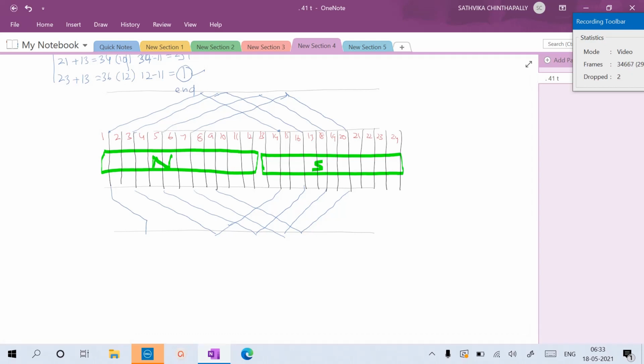Which conductor should the 9th be connected to? It should be connected to 22, and 22 to 11. It should be connected to the 11th conductor. And this 11th conductor is connected to 24th, that is equal to 10.